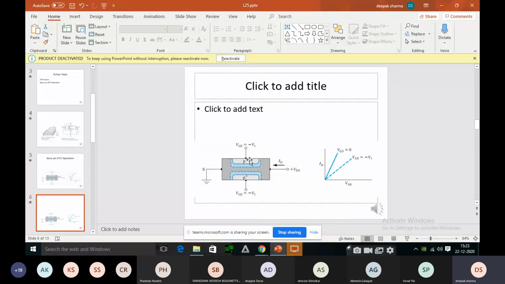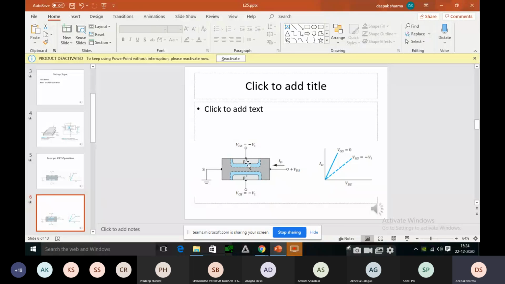Because of this negative potential, that reverse biasing, the depletion region is more widened compared to case 1. At the initial stage only. I'm not speaking about VDS here. At the initial stage only, the depletion width is more. That is due to the effect of reverse bias.